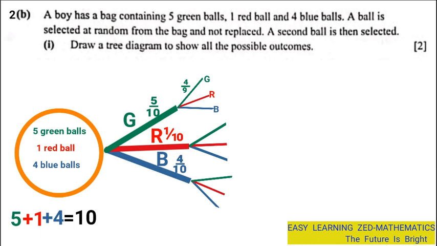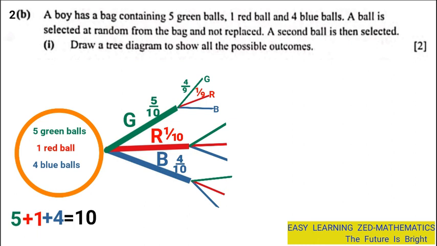Okay, now what will be the probability of picking a red ball when a green ball was picked at first? So the probability of picking a red ball when at first the green ball was picked, that means in the bag we still remain with 1 red ball. That means the probability of picking a red ball here is 1 over 9, because there is still 1 ball in the bag, because at first we picked a green ball.